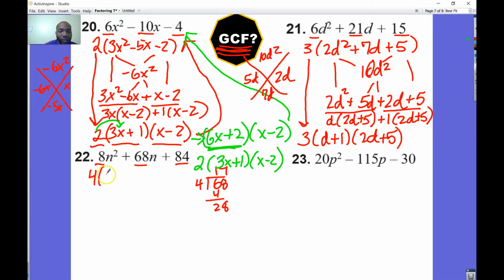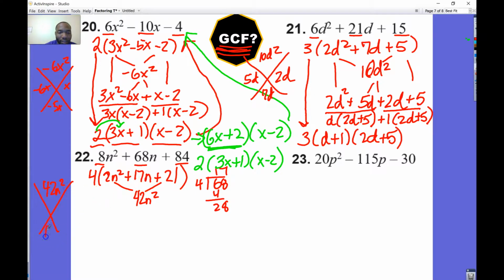So we have 4 times 2n squared plus 17n plus... 4 goes into 8 2 times, 4 goes into 84 21 times. All right, so we have our x over here. 2n squared times 21 is going to give you 42n squared.